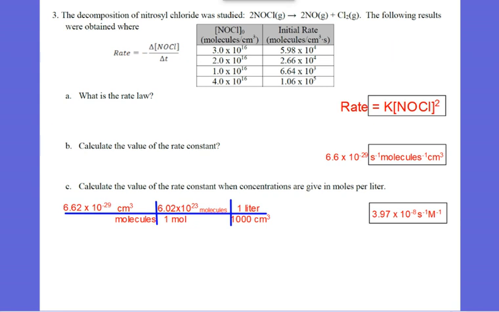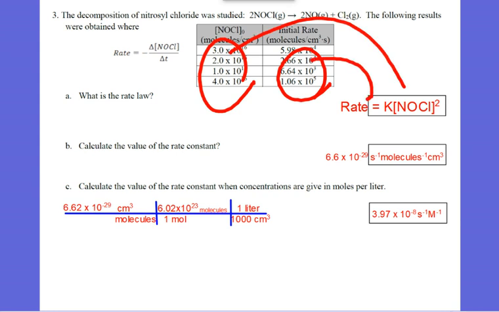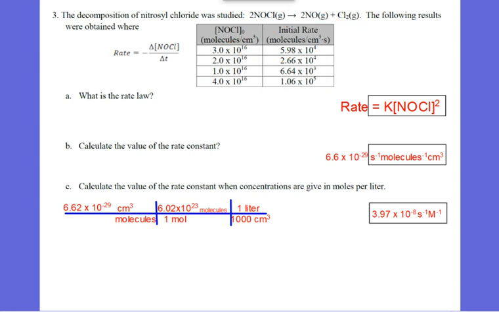Part B, calculate the rate constant. Mathematically, this is pretty easy. We're going to plug in one of these values and one of these values into here, right? And solve for k. Now, the numbers in these values are a little bit crazy. We have 10 to the 16th, 10 to the 4th, stuff like that. And we plug that all in. And we're going to take a 10 to the 4th and divide it by a 10 to the 16th.